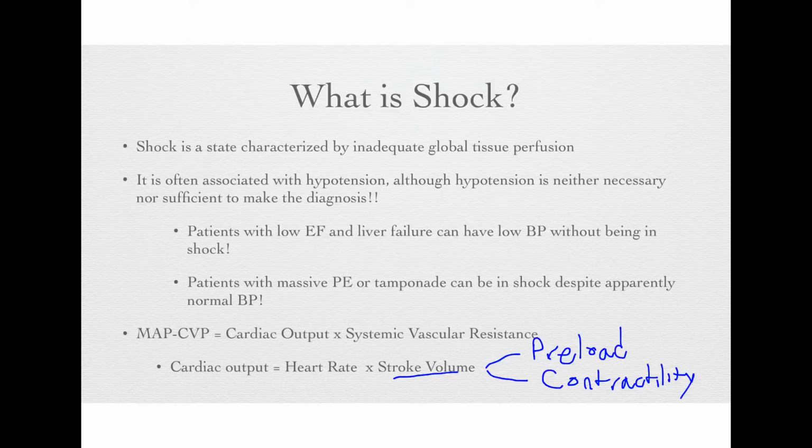So by understanding these major parameters that affect the perfusion of the body, systemic vascular resistance, heart rate, preload, and contractility, we can now classify shock based on its hemodynamic features.